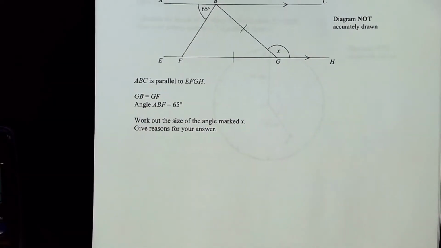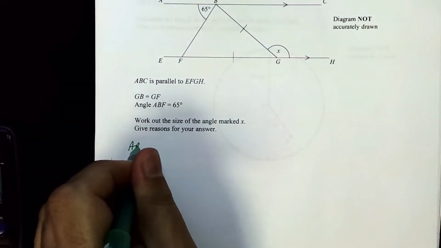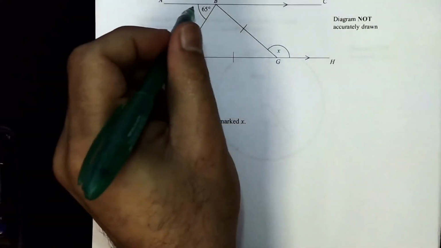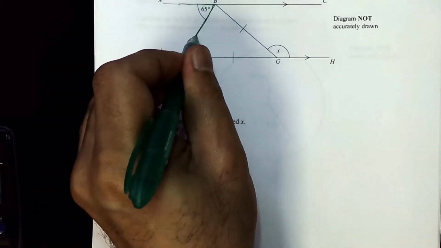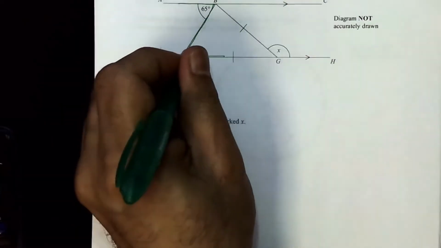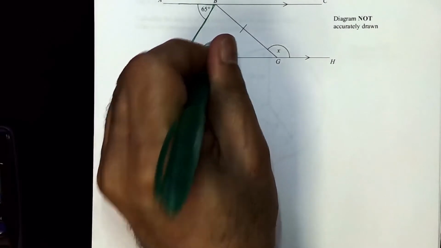So first, what I'm going to start off with. We've been told in the question ABF is equal to 65, and I can see a Z angle there, so an alternate angle, so that's also 65.